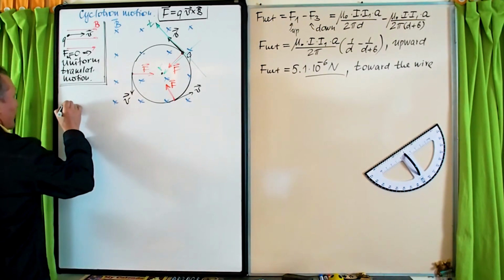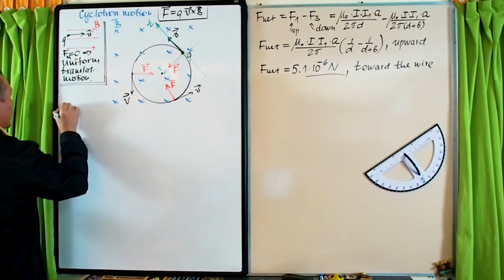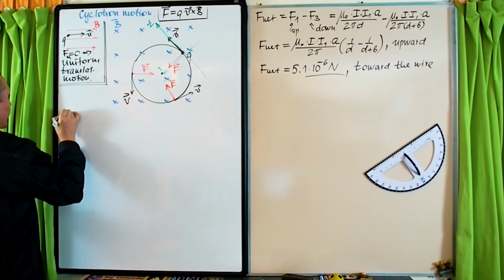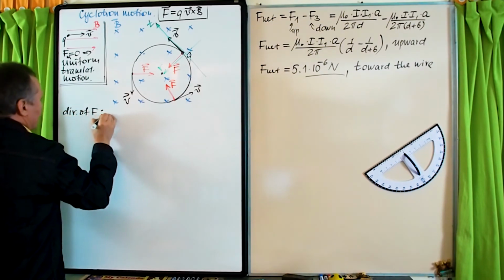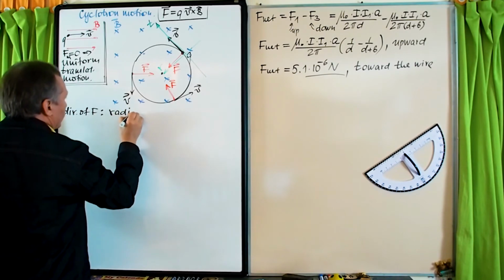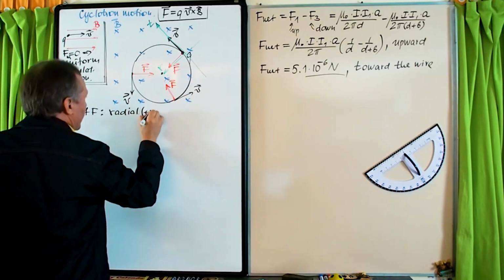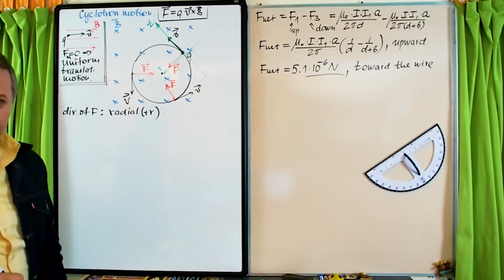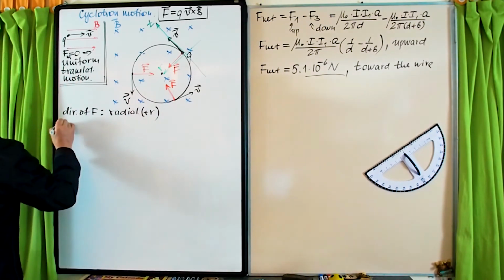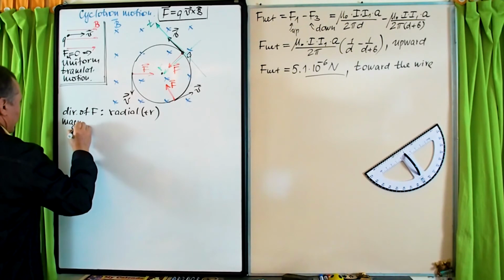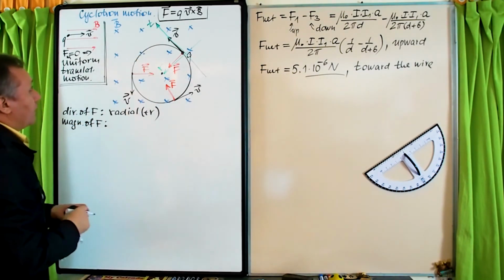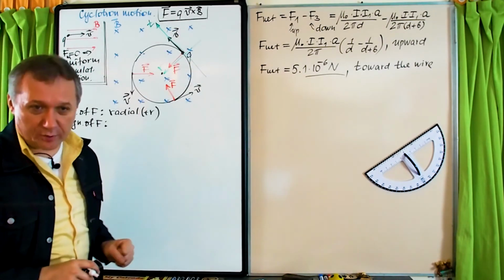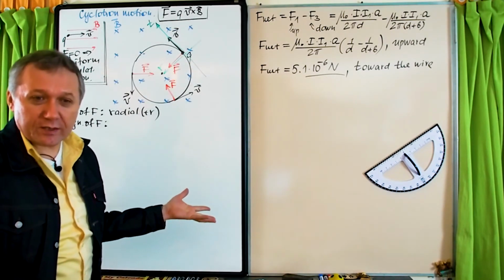So the direction of F is radial, so in the plus R direction, and the magnitude of F, of course, V and B are perpendicular to each other, because that's the situation we decided to analyze.